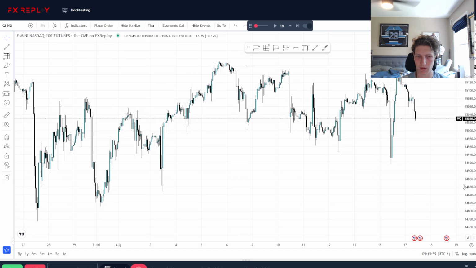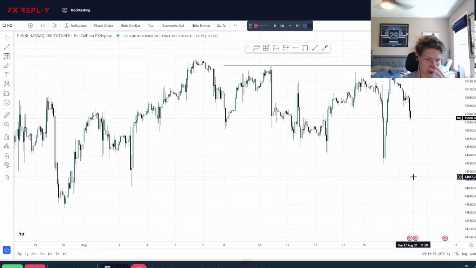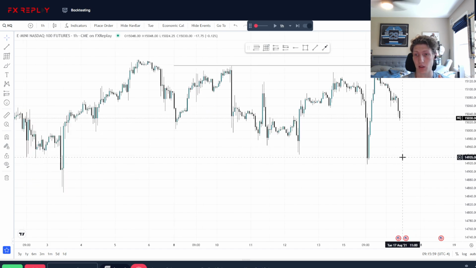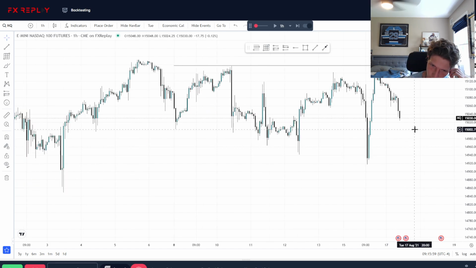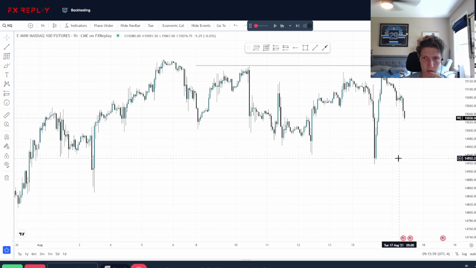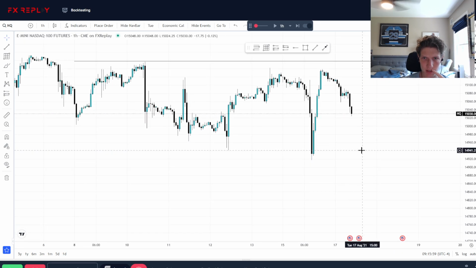I'm going to give my directional bias on it. Or, not even. I'm going to make an assumption of where I think price is going to go, but I'm not going to be placing trades until we're out of this disgusting range that we're currently in.